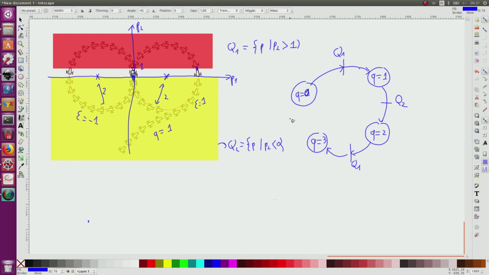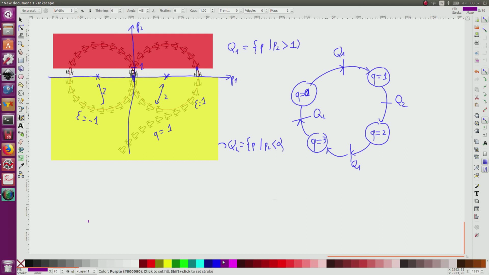And then again, once I enter in Q2, I will switch to q equals 0. So it is the automata I propose.